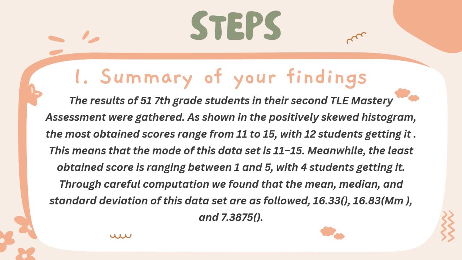Meanwhile, the least obtained score is ranging between 1 and 5, with 4 students getting it. Through careful computation, we found that the mean, median, and standard deviation of this dataset are as follows. The mean is equal to 16.33, the median is 16.83, and the standard deviation is equal to 7.3875.